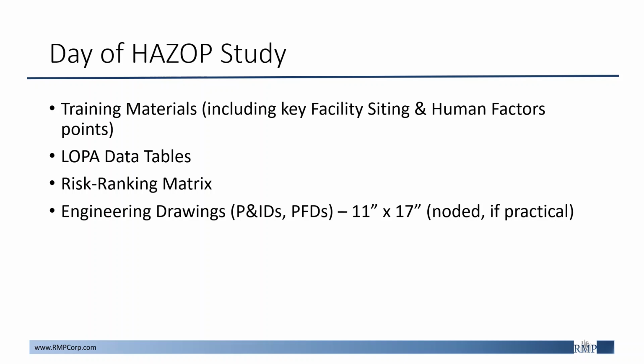This includes bringing and providing training materials such as key facility siting and human factors points, and the overall training of the HAZOP methodology for any team members that are new to this type of analysis, LOPA tables so that the team may understand the transition from qualitative work in the HAZOP study to the quantitative work in the LOPA study, the risk ranking matrix so that team members can have an easier time deciding upon the severity and likelihood of the scenarios, and finally, printed copies of the PNIDs and PFDs so that the team members are able to follow along with the scenarios and make necessary notes on the copies.